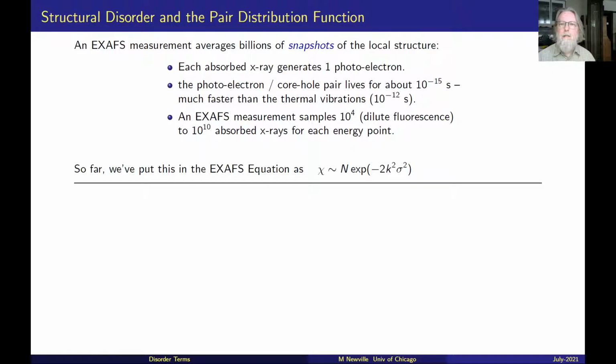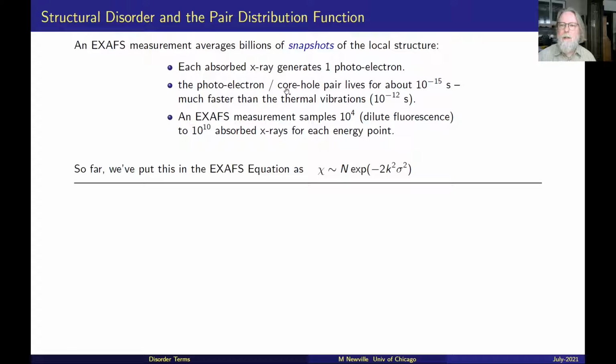XAFS is a measurement of billions of snapshots of local structure. We typically have on the range of 10 to the 9 to 10 to the 12 photoelectrons per energy point in a spectrum. Each absorbed X-ray generates one photoelectron.